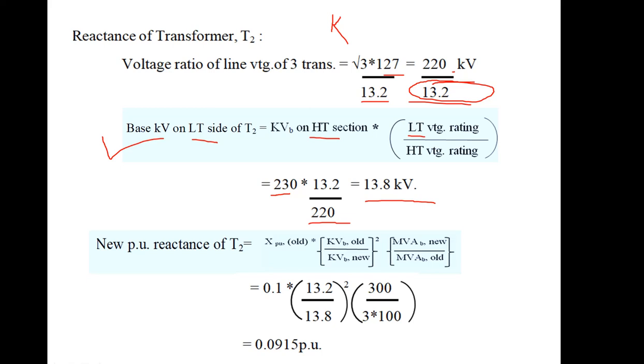Now we have to find the new per unit reactance of transformer 2. So old into kVb old by new whole square into MVAb new by old.